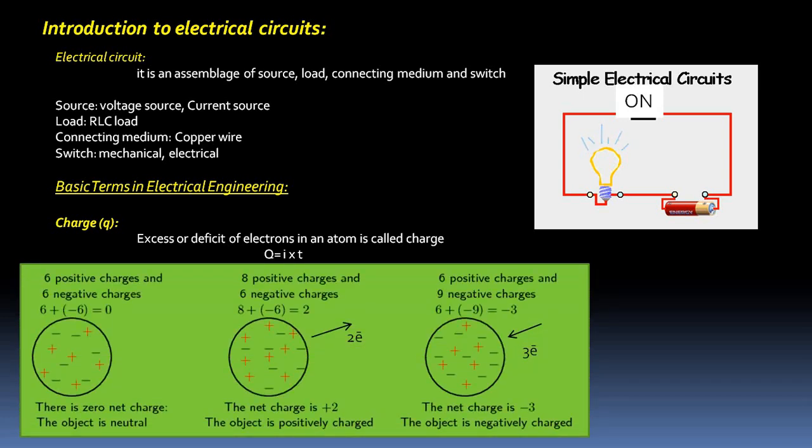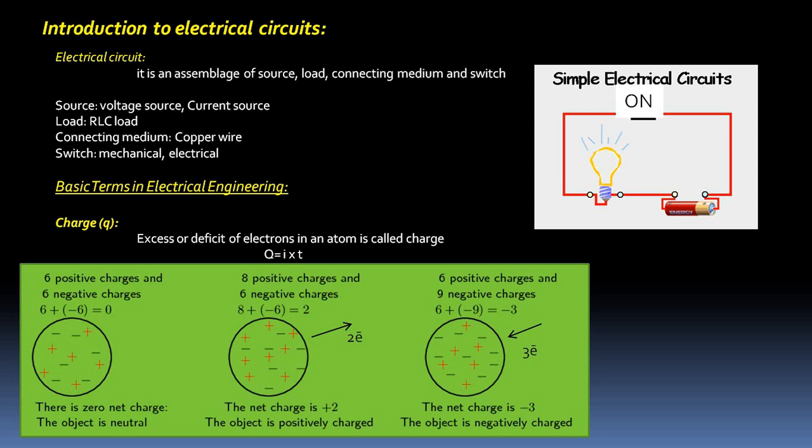From this diagram, I am taking an atom having 6 positive charges and 6 negative charges. When both positive and negative charges are equal, that object is called a neutral object and the net charge is 0. Here, by doing some work, I am removing some of the valence electrons from the atom.